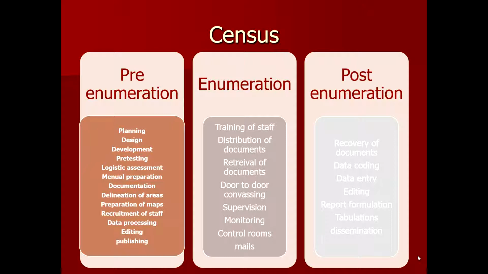During the planning phase, which is the pre-enumeration phase, the government decides about the design of the census, whether it will be a de jure or de facto design. They develop questionnaires for the collection of the census information, and these questionnaires are pre-tested in a smaller population.